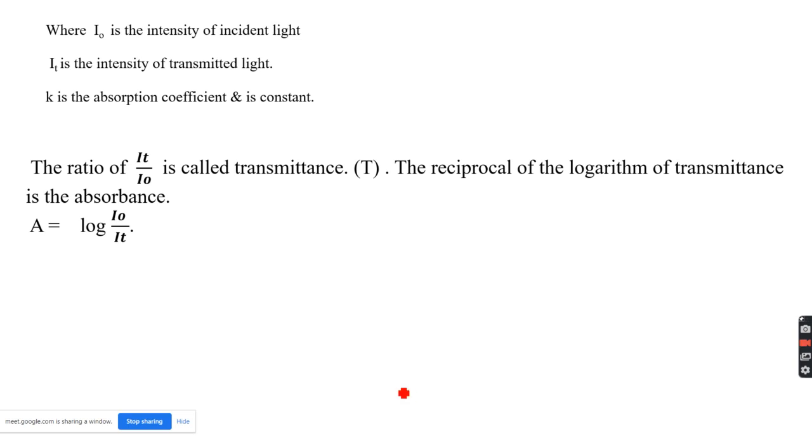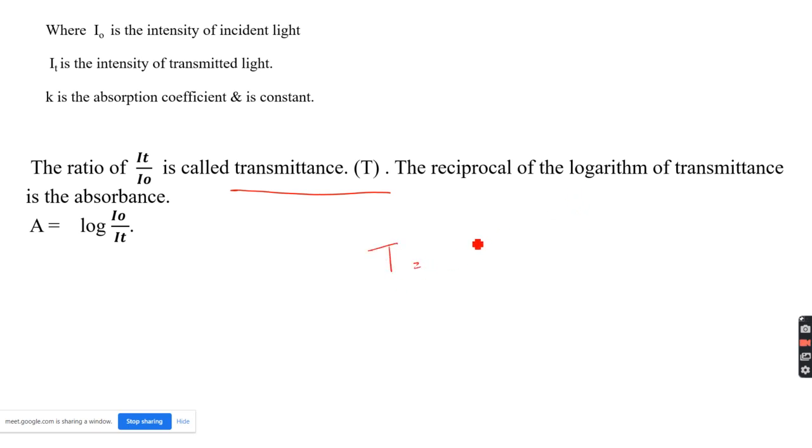Here the ratio It by I naught, the transmitted light over the intensity of the incident light, is called transmittance, T equals It by I naught. And the logarithm of the reciprocal of the transmittance is the absorbance.